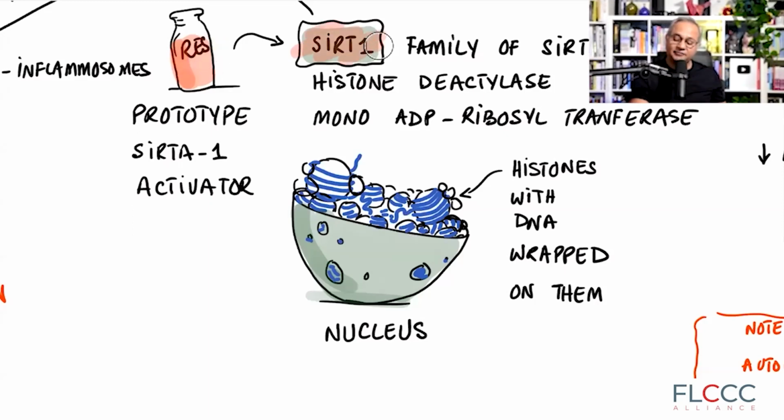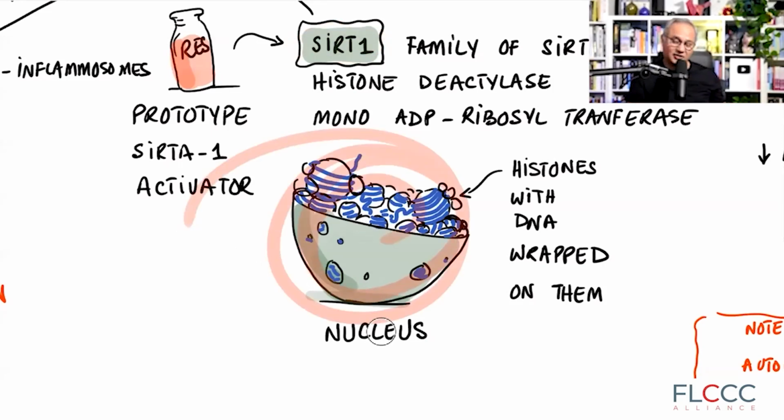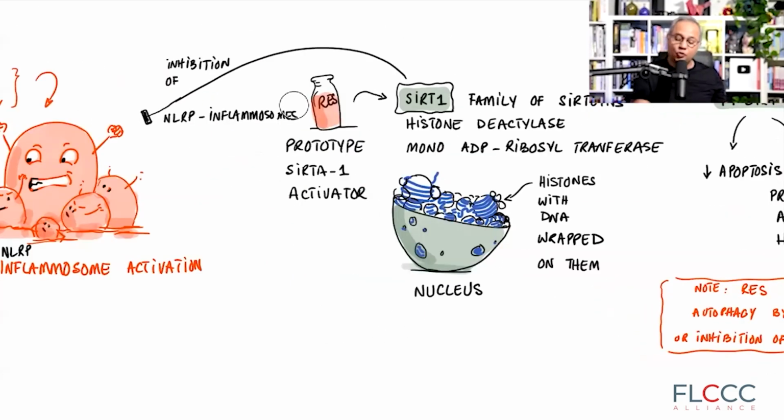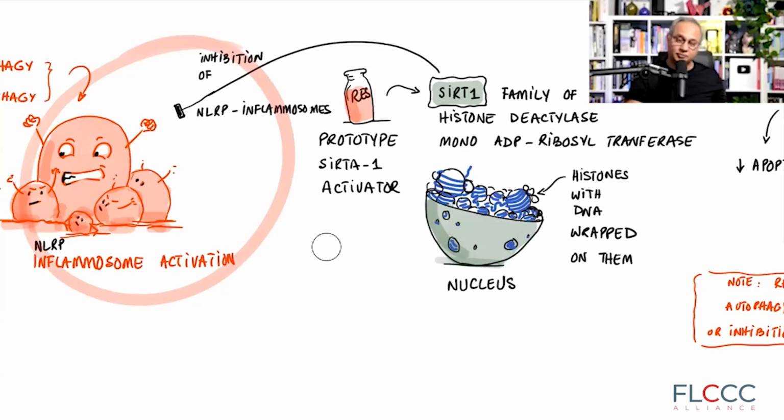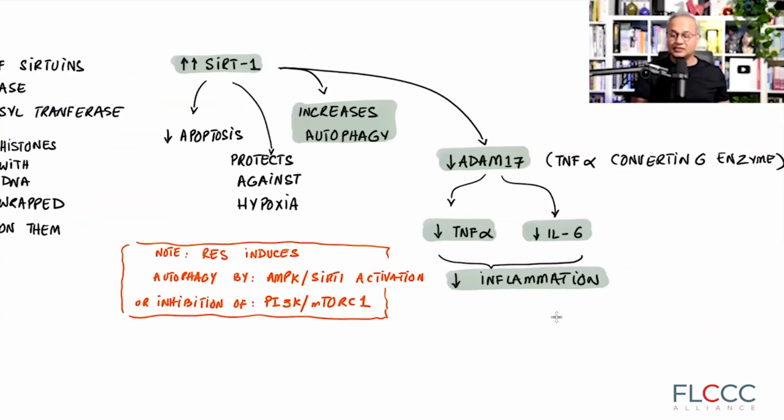Resveratrol activates SIRT1. So resveratrol helps with the DNA expression inside the nucleus, which in turn would help with autophagy, and I'll show you how it does that. Once the autophagy is helped with resveratrol, then inflammasomes will not be produced. So now let's see what it does.